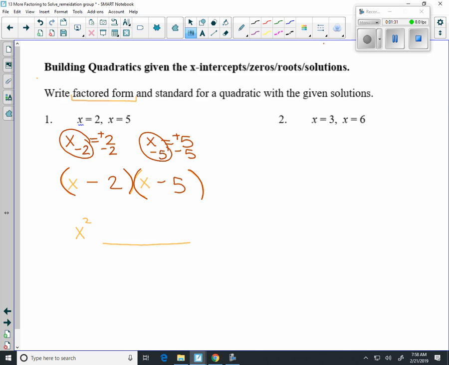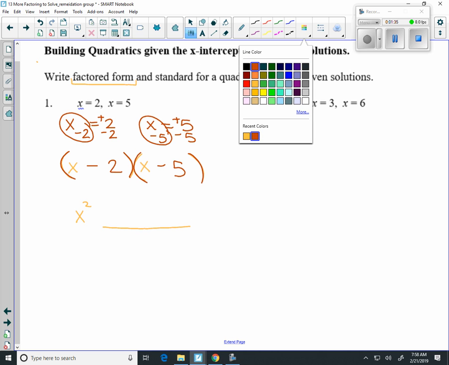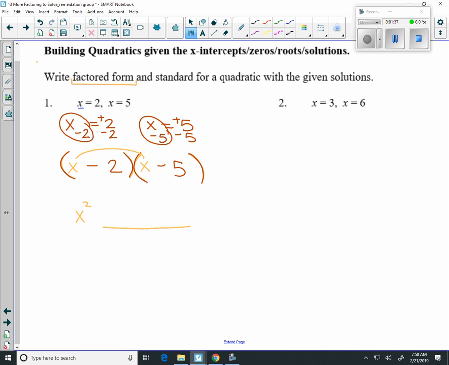And then to get from factored form to standard form, we're just going to double distribute. So I'm going to take my x's and multiply them together. X times x is x squared. We already have that there. X times negative 5 is negative 5x. And now we need to do the same thing with the negative 2. Negative 2 times x is negative 2x.